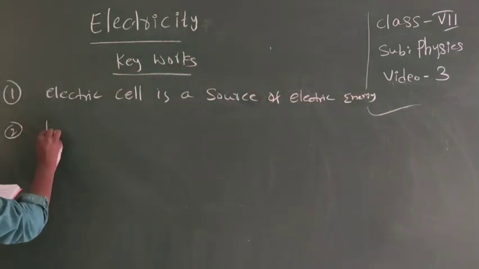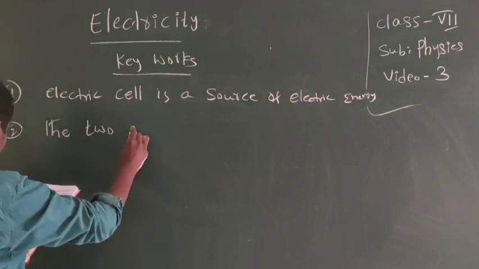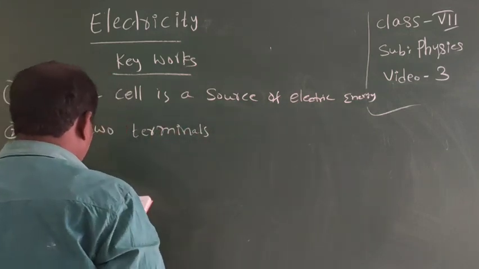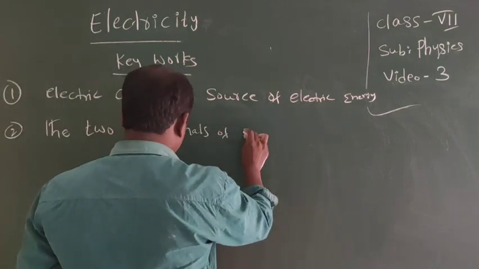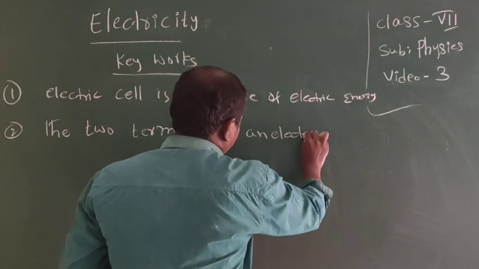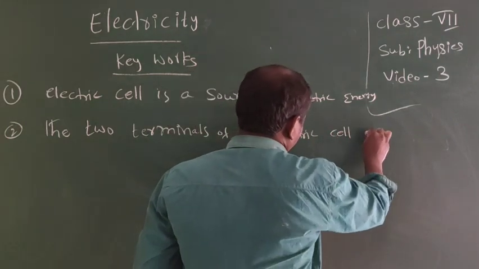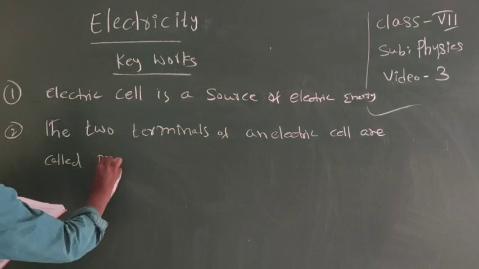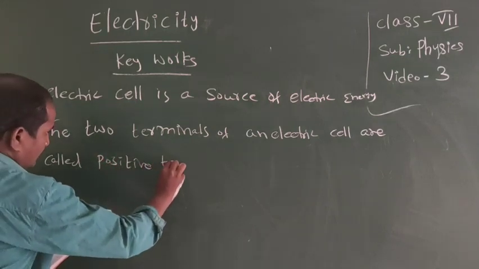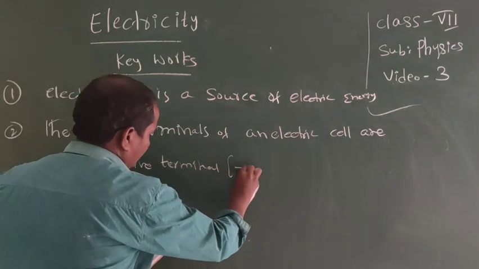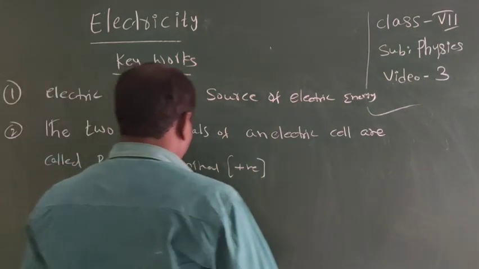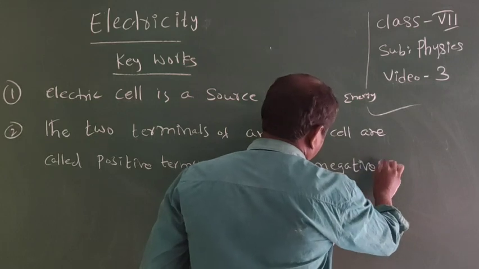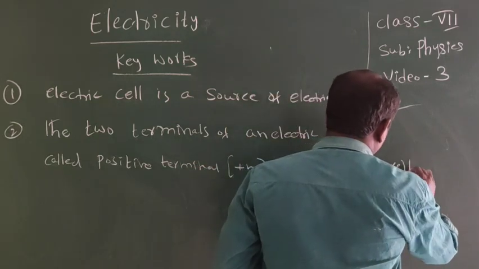Next one, the two terminals of an electric cell are called the positive terminal and the negative terminal.